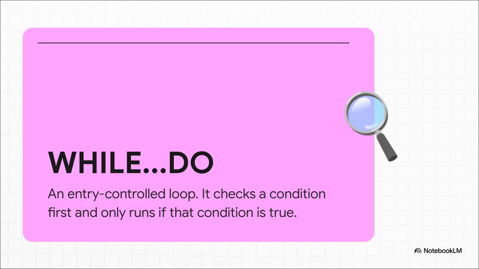But what if you need to be, well, a bit more careful? The second type of loop, while do, is what I call the strict gatekeeper. And it is completely different from the last one. This loop checks the condition before it even thinks about doing anything. And if that condition isn't true right from the get-go, the action inside might never, ever run.